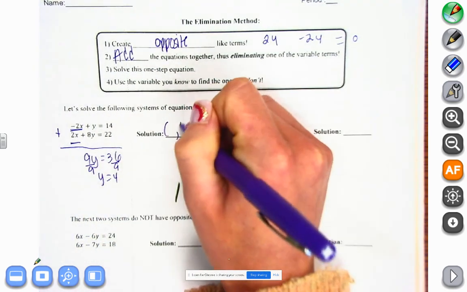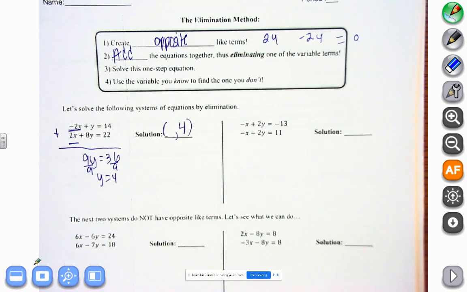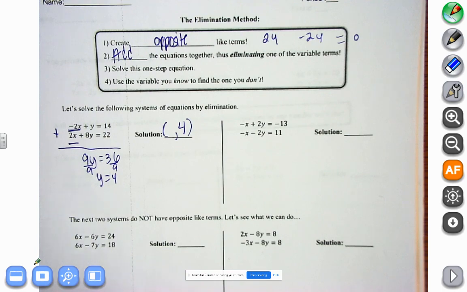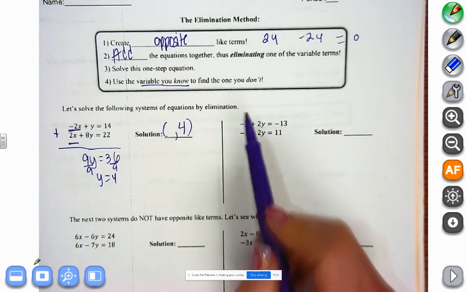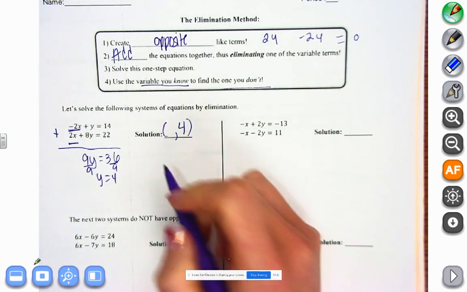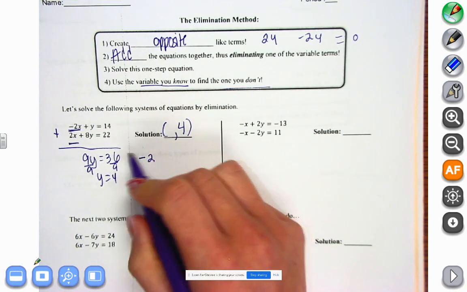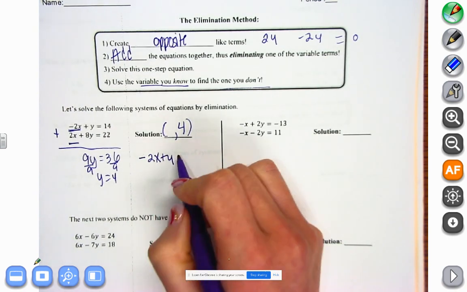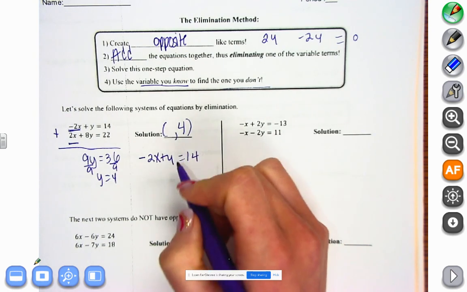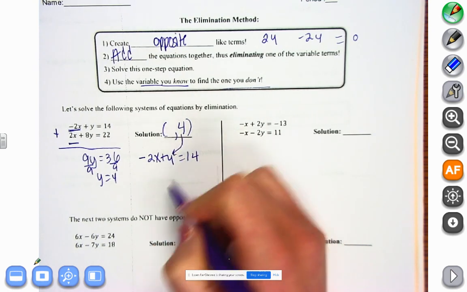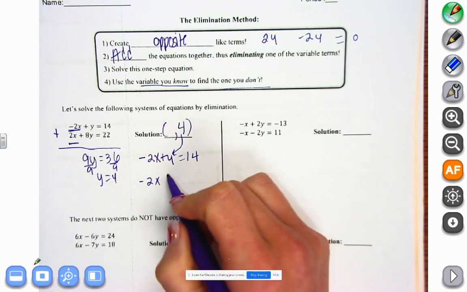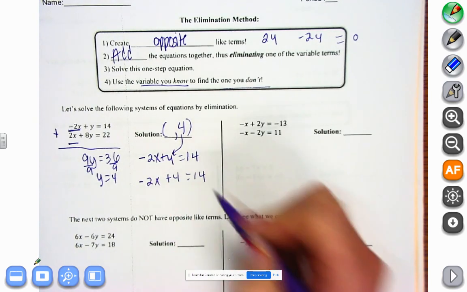We can put that in our ordered pair for our solution. And now we just have to solve for x using the variable we know to find the one we don't know. So now let's take that first part of the equation, negative 2x plus y equals 14. Let's plug our y equals 4 in. So negative 2x plus 4 equals 14.